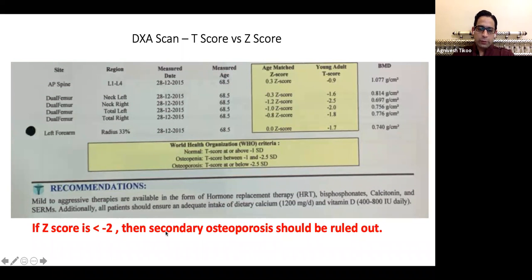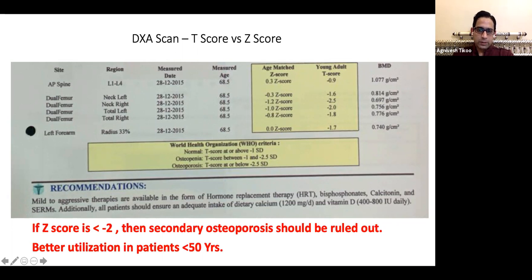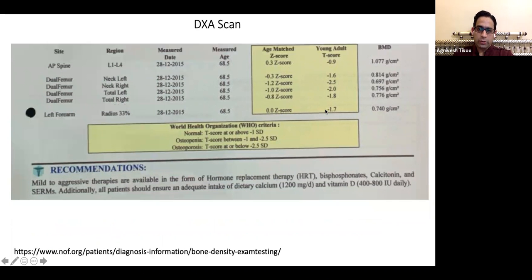If your Z-score is less than -2, you should think of secondary osteoporosis. It means this is not within the normal range of expected value. It is much less, and it is better utilized in patients less than 50 years. Once you have a severe T-score like -4.5 or -5, it is quite understood that the problem is there. You don't need to split hairs.